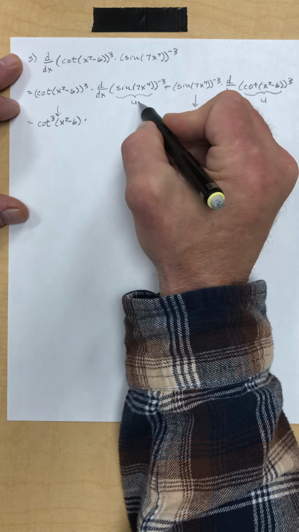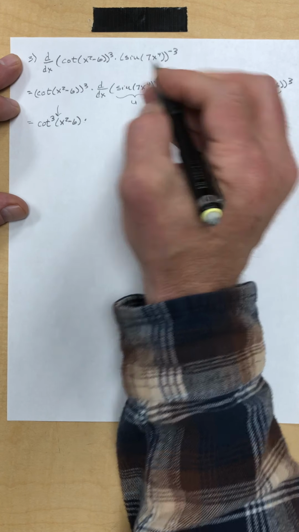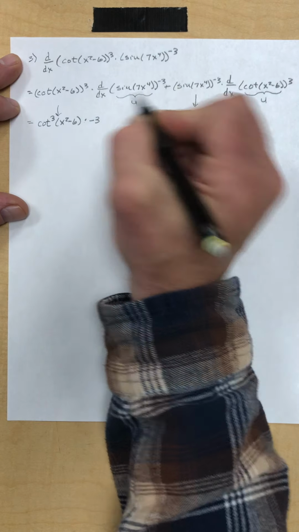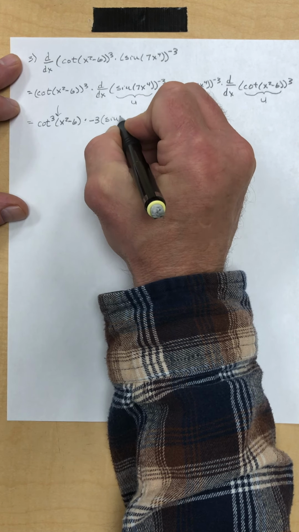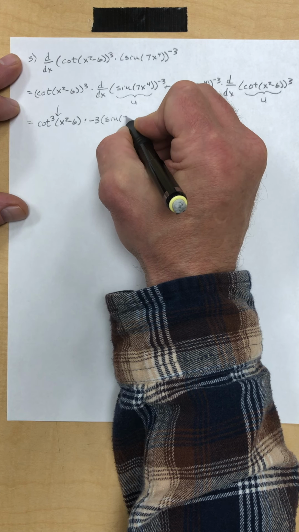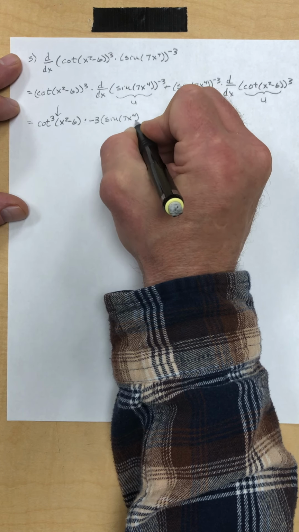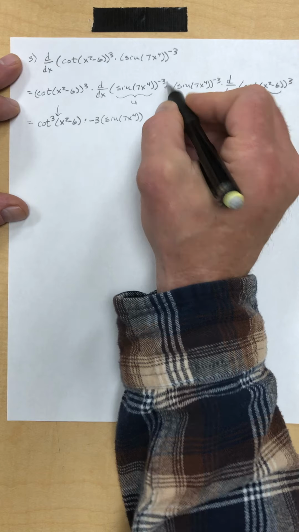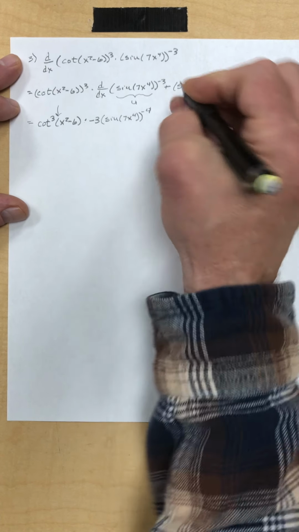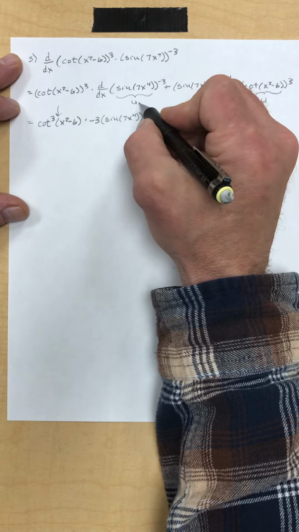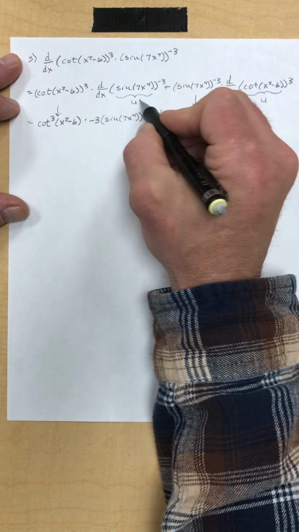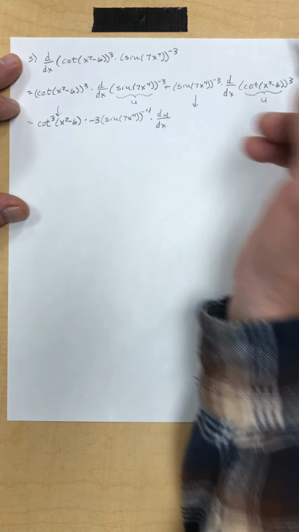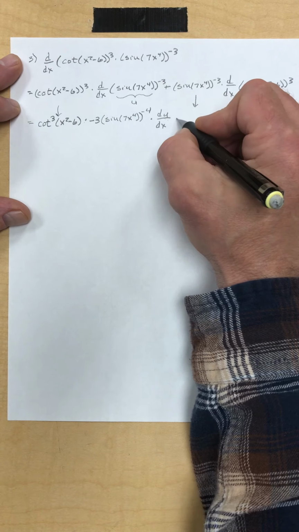Okay, so let's see, this is u to the negative third. So it's going to be negative 3 times u, which is sine of 7x to the fourth, to the negative fourth power, times du dx. And obviously I'm going to have to go back and take the derivative of this using the chain rule again.